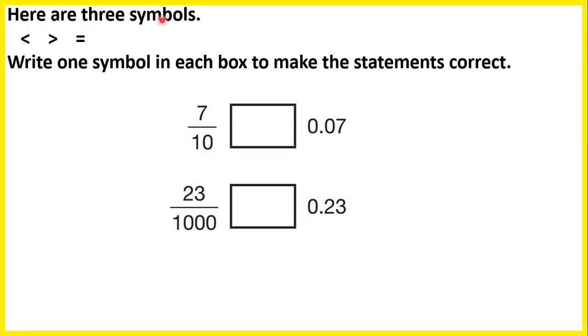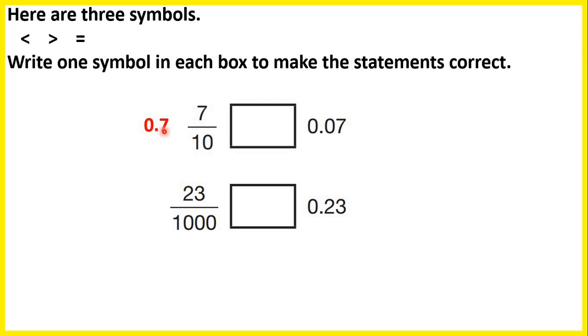Here are 3 symbols: less than, greater than, and equals. Write one symbol in each box to make the statements correct. So here we're comparing fractions and decimals. So either we need to change our fractions to decimals or our decimals to fractions. If we change fractions to decimals, 7/10 is the same as 0.7, because the first digit after the decimal point is the tenths digit.